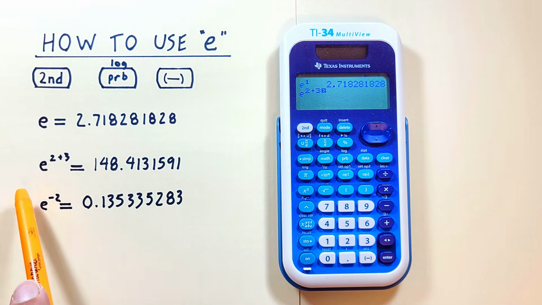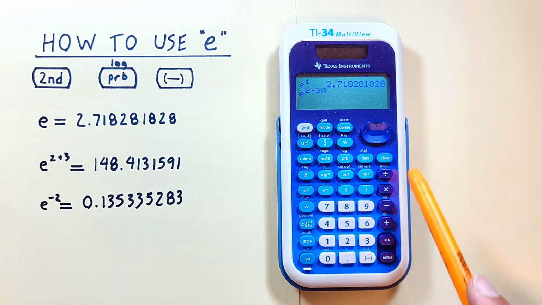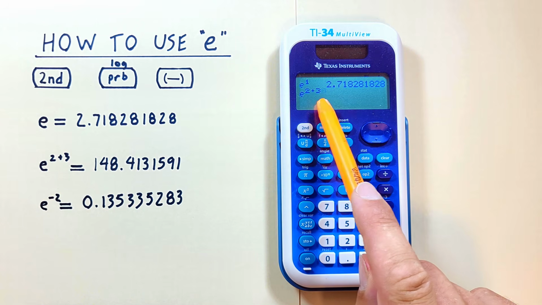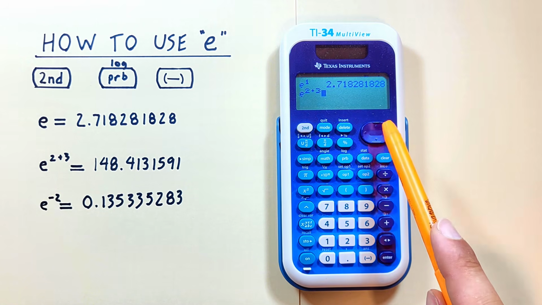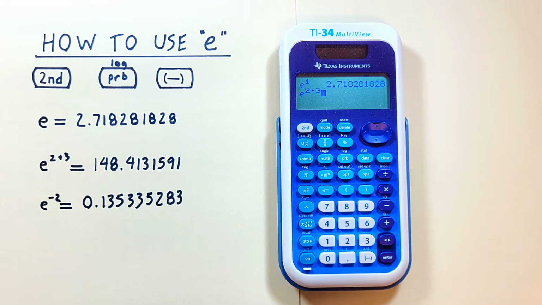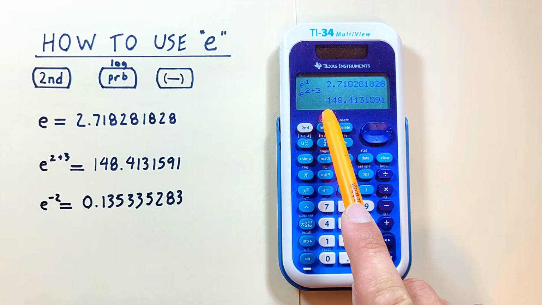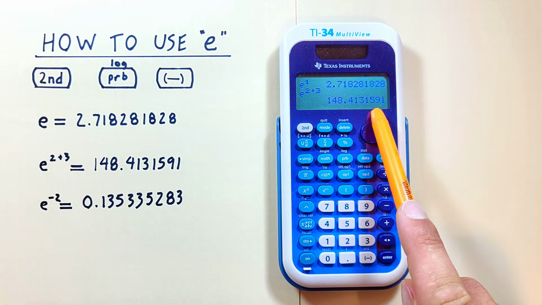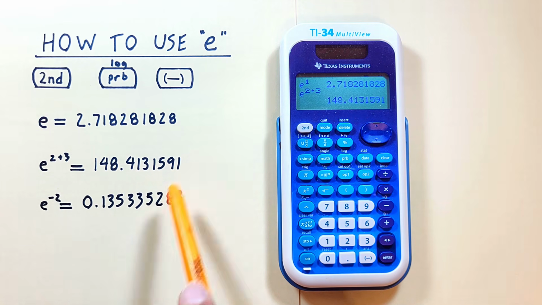And if this is part of a longer equation, we want to move our cursor from the exponent position down to the main line there so we could continue on. And then we hit enter, and we see we get 148.4131, etc., which is correct.